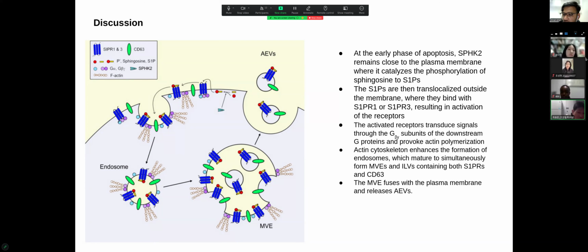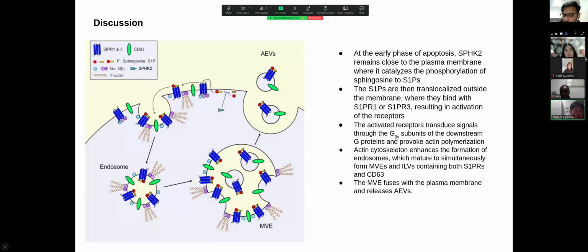During the maturation of the MVE, the SMPR1-containing cell death associated exosome contains SMPR1 and CD63. Can you understand? Bystander effect. Bystander. You understand? Really?